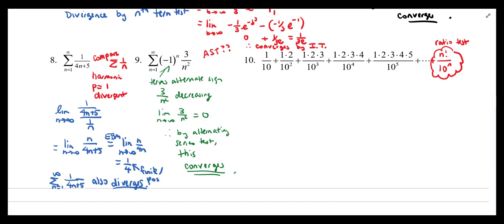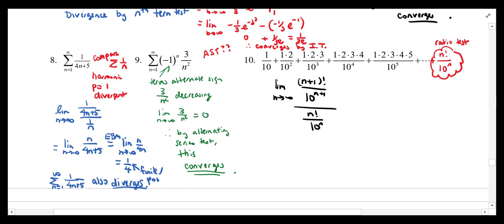Okay, and number 10, this is like what we just did today. You bet, taking the ratio test. n plus 1 factorial over 10 to the power n plus 1, divided by n factorial over 10 to the n, in a big absolute value. What an ugly way of writing it, so we'll convert it to this.